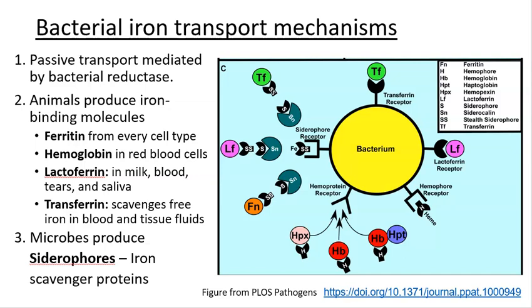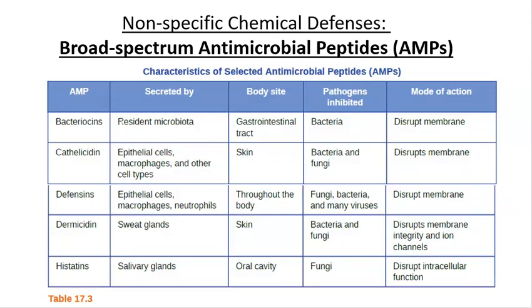In addition to all of these different kinds of acute phase proteins, we can also find another set of antimicrobial peptides that are out there. They are relatively non-specific, and so we can consider them broad spectrum because they will work on a variety of different things. And if you look at this, you can see one overwhelming theme when we look at these antimicrobial peptides, is that they will disrupt the membrane.